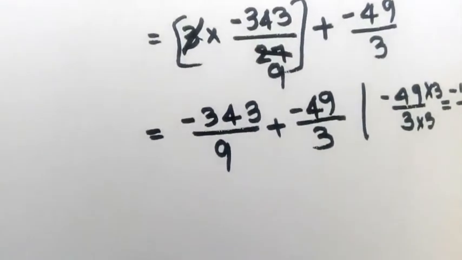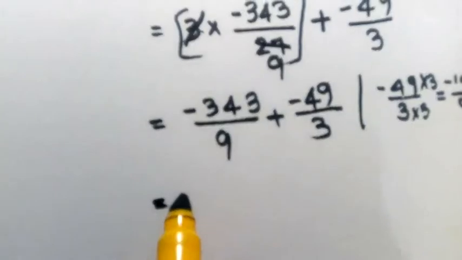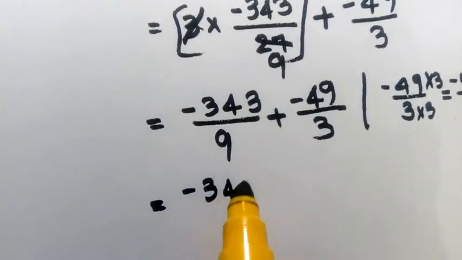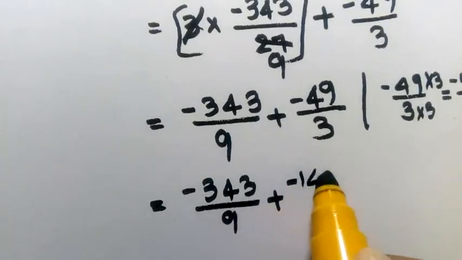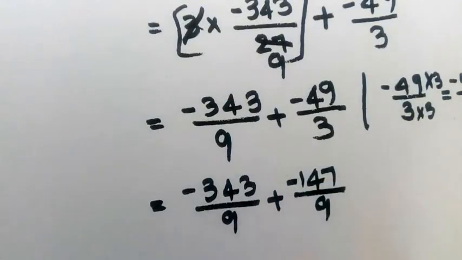So the next step is minus 343 by 9 plus minus 147 by 9. Now the denominators are the same, so they are changed into like fractions. So the addition is easy. Add only the numerators and keep the denominator the same in the answer. So minus 343 plus minus 147.